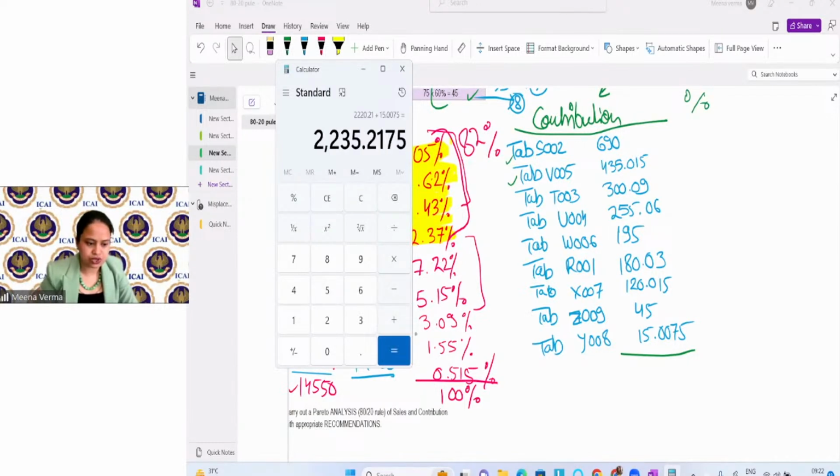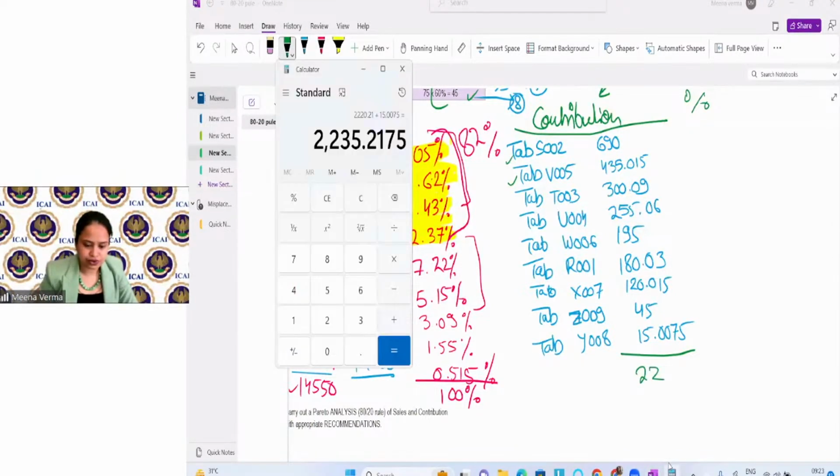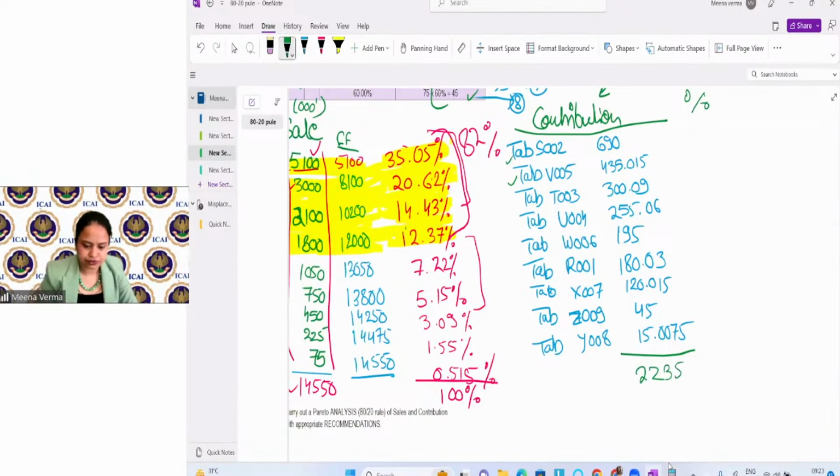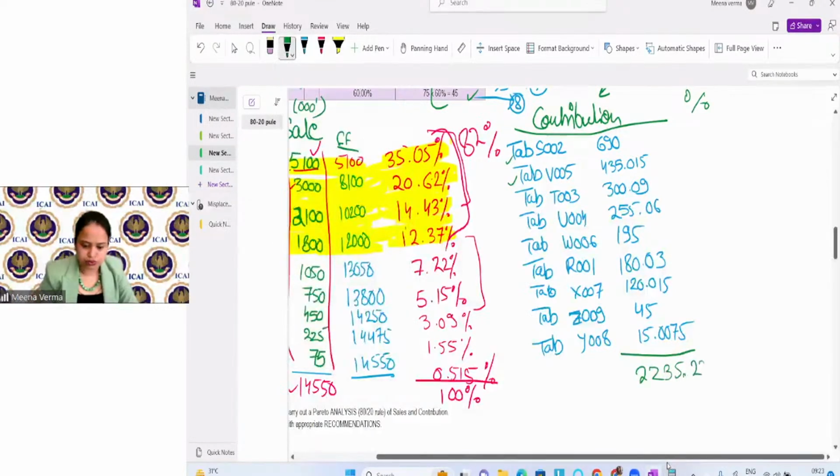So what is the total value? Total is 2235.22.